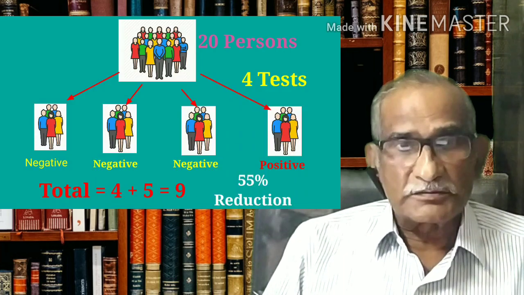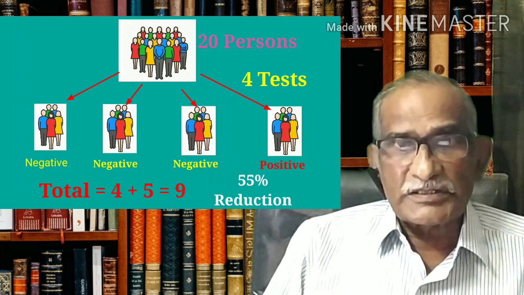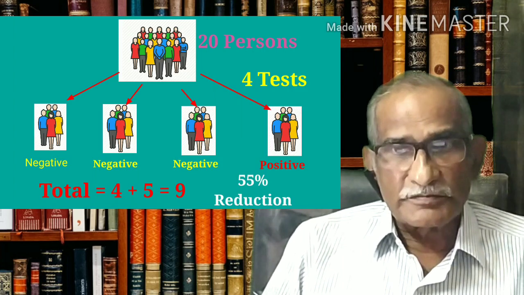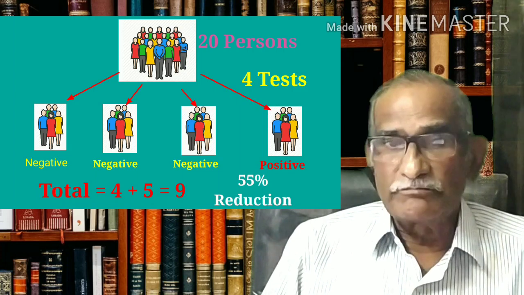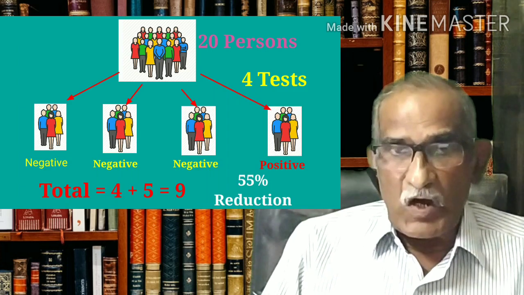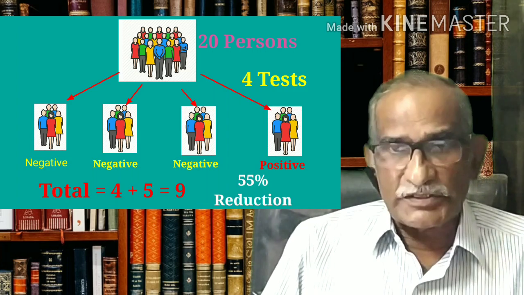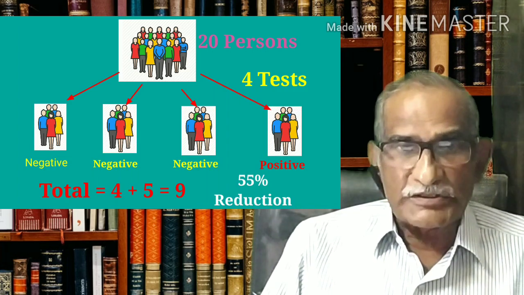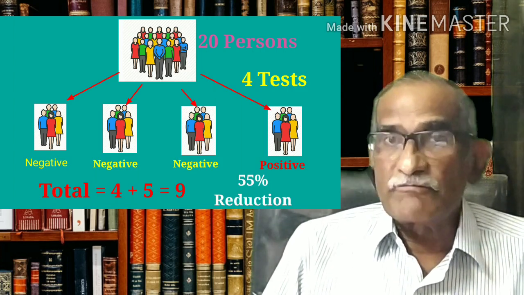It may be seen that if mixtures of 5 samples are considered, the total number of tests needed on the average is 4 plus 5, that is equal to 9, which is the optimum, saving of 11 tests for each batch of 20 individuals, that is 55%.